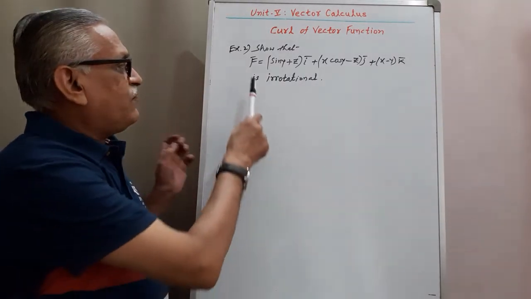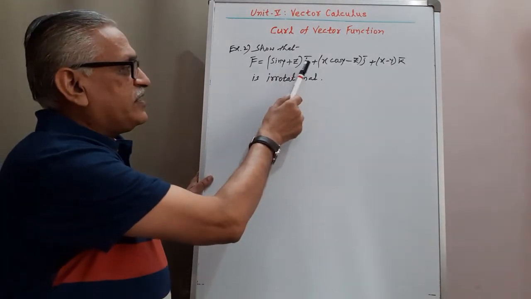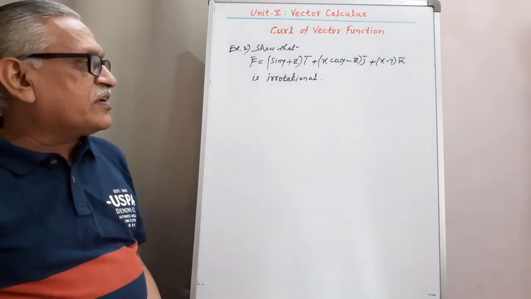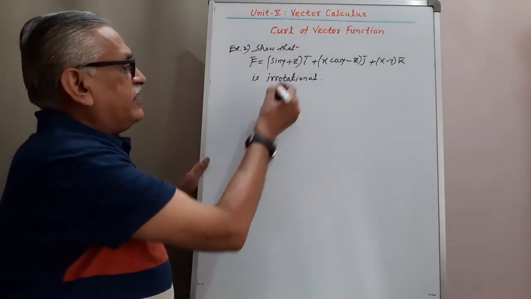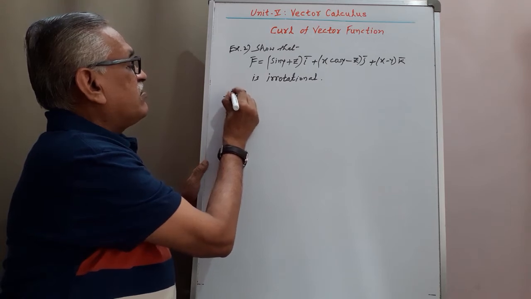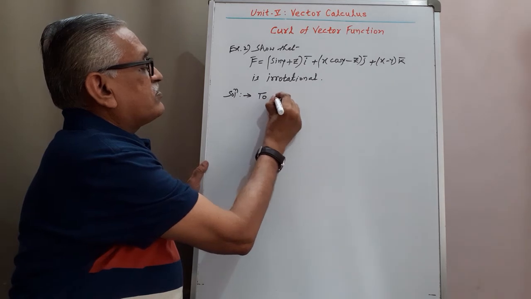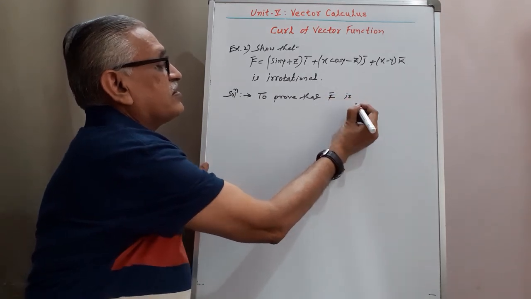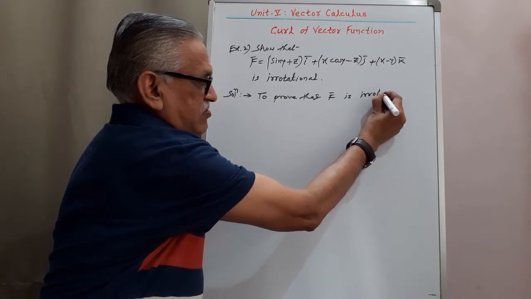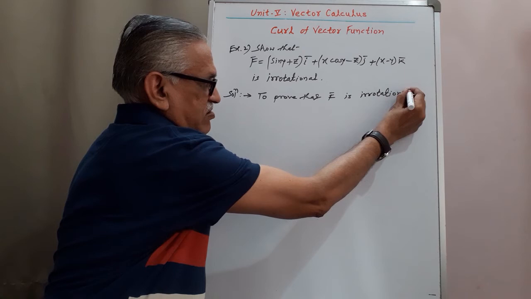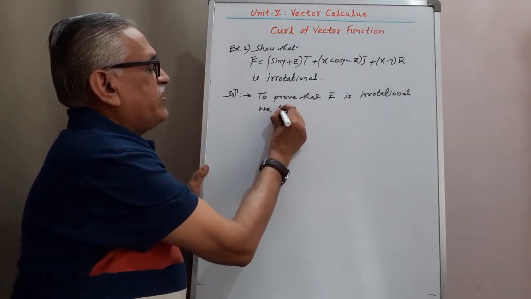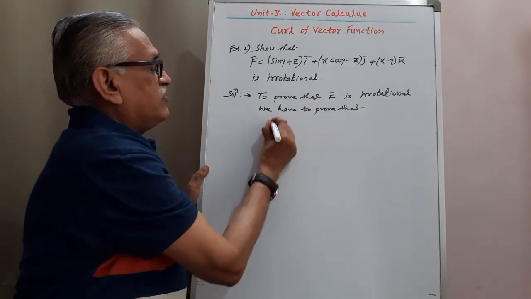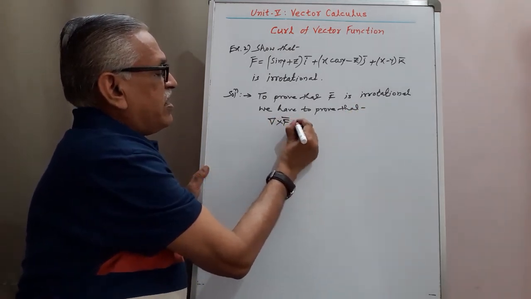Second example, show that vector function f bar, (sin y + z) i + (x cos y − z) j + (x − y) k is irrotational, and therefore to prove that f bar is irrotational, we have to prove that the value of del cross f bar is 0.